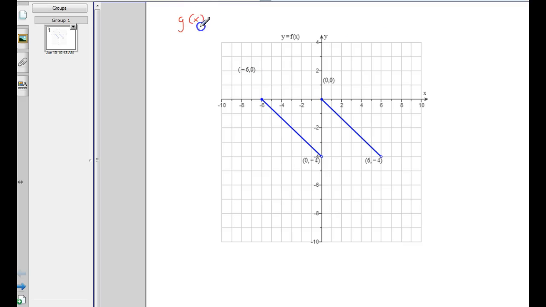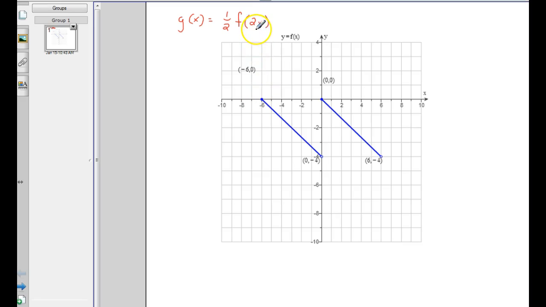To get g, it says 1/2 of f of 2x. So the g function that we're going to graph in red here, its y-coordinates are going to be half of what the f function's were after the x-coordinates were doubled.